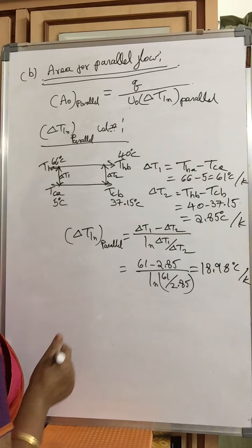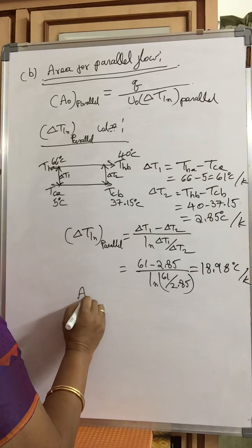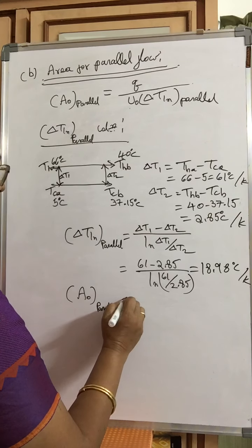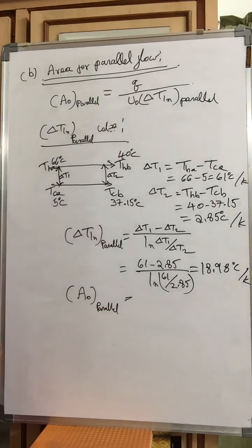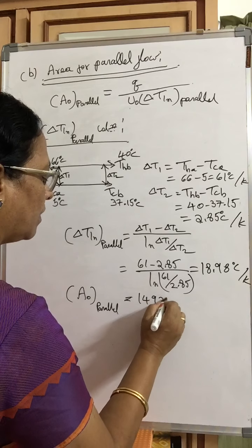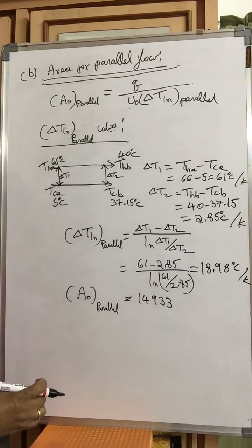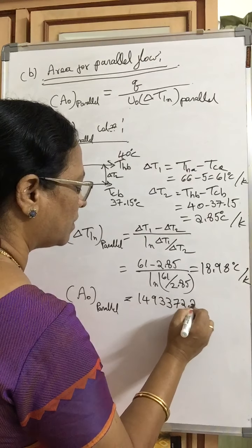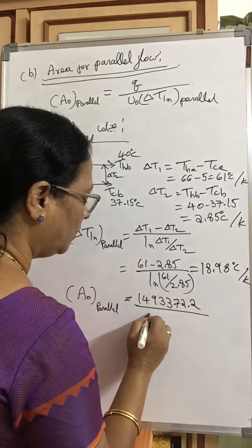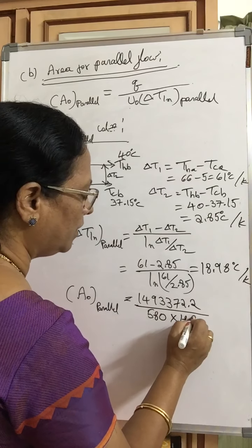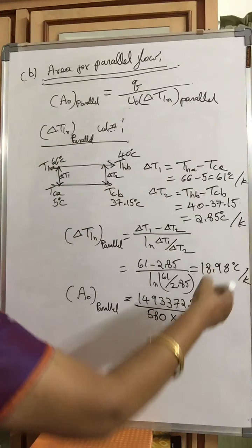Okay, next now A naught parallel is equal to Q. Q value is how much? 14972.2. This is Q value. 580 U naught value, 18.98 delta T ln value.